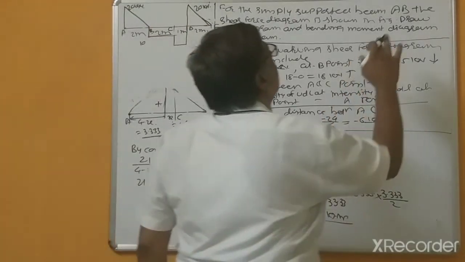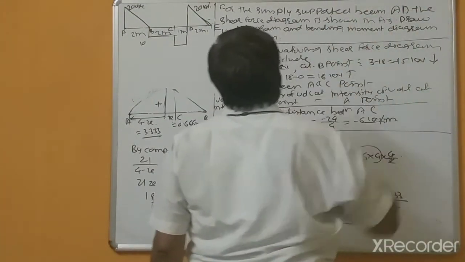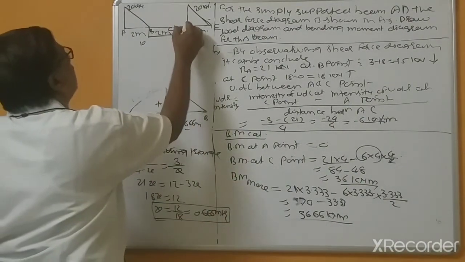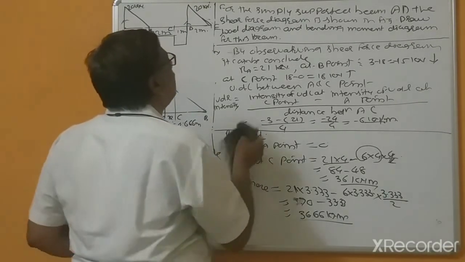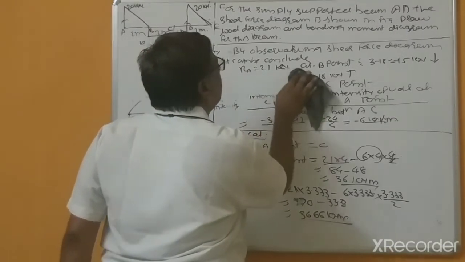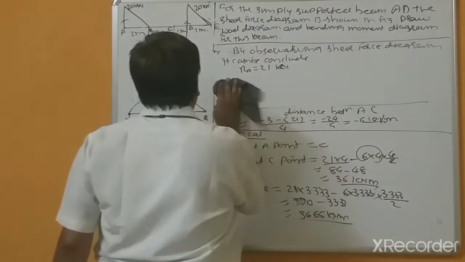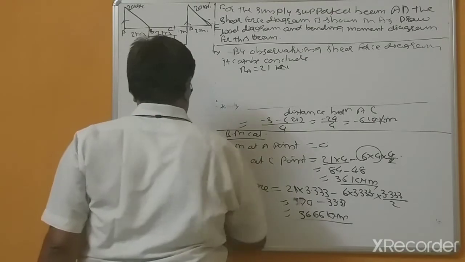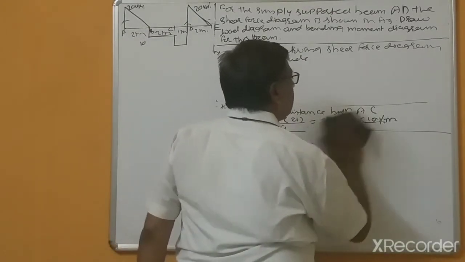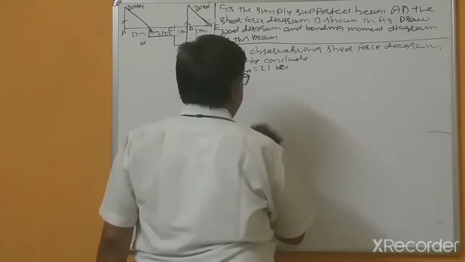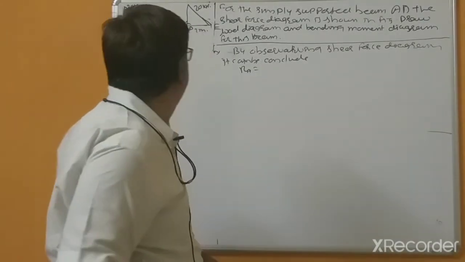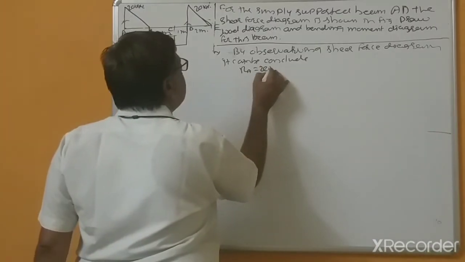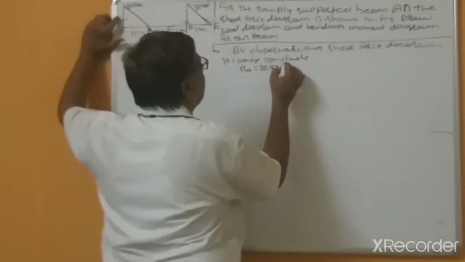Supported beam AD, because here RA equal to 20 kilonewton, because this is a straight vertical line, so that indicates this is upward force.